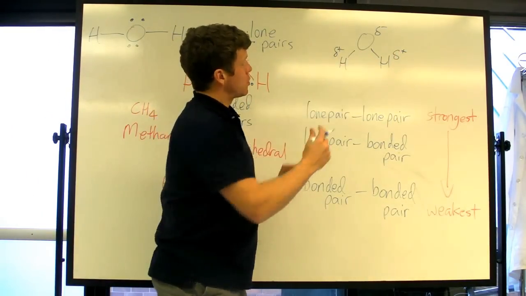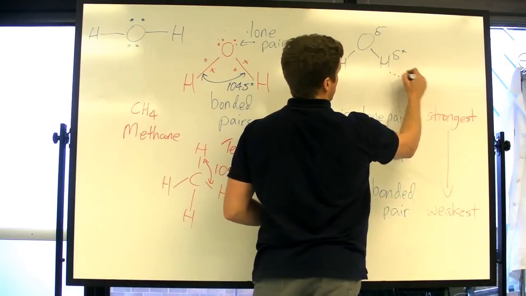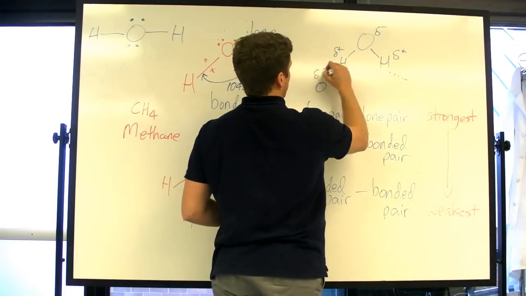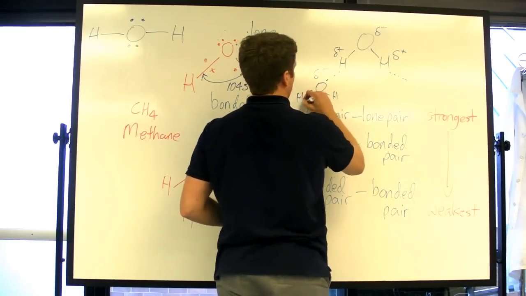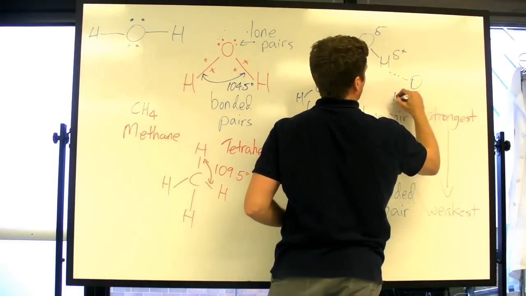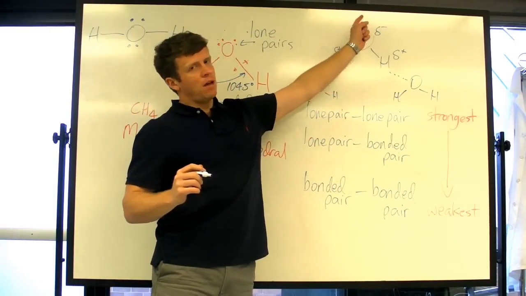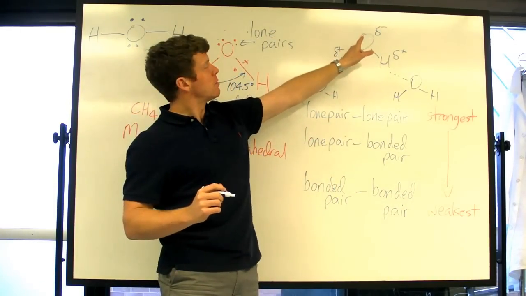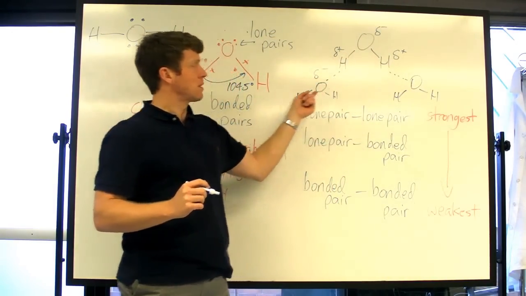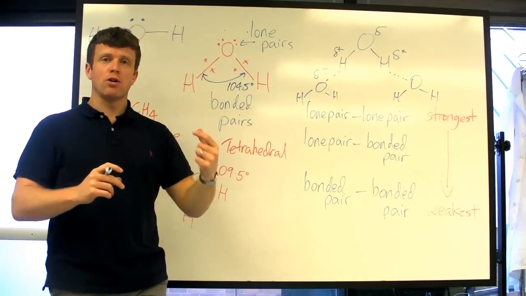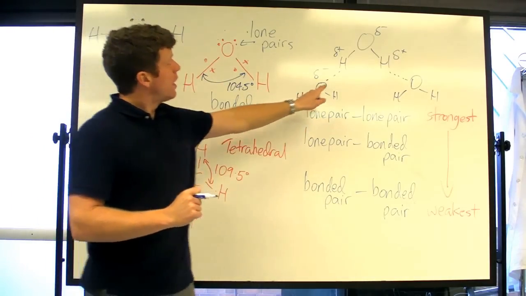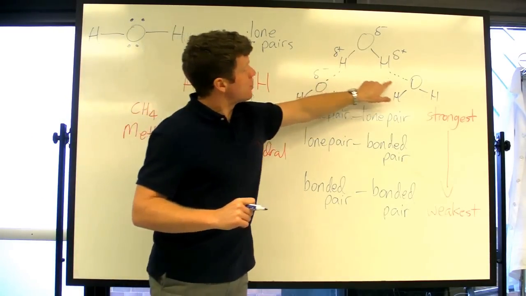So there's attraction between this water molecule and other water molecules. Because obviously if this oxygen atom is delta negative and these are delta positive, that's going to be the same for every single molecule inside a sample of water. So there's going to be attraction between H2O molecules.